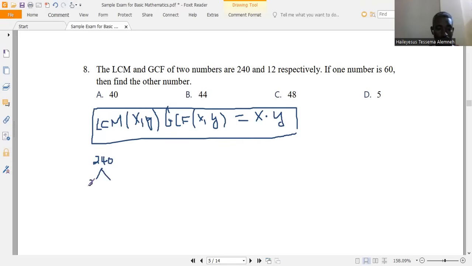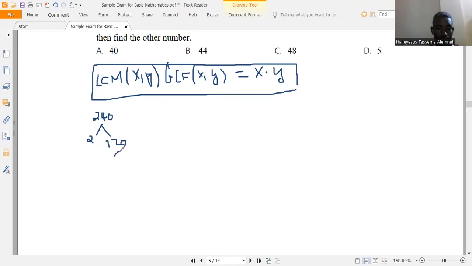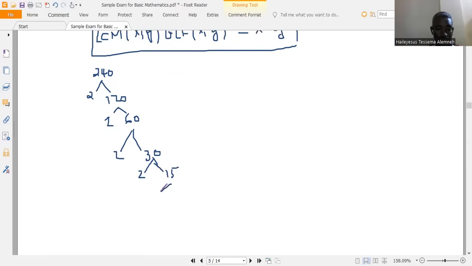Before that, let's write the prime factorization of 240: divided by 2 is 120, divided by 2 is 60, divided by 2 is 30, divided by 2 is 15, divided by 3 is 5, and we have 5. So 240 is 2 to the power of 4 times 3 times 5.